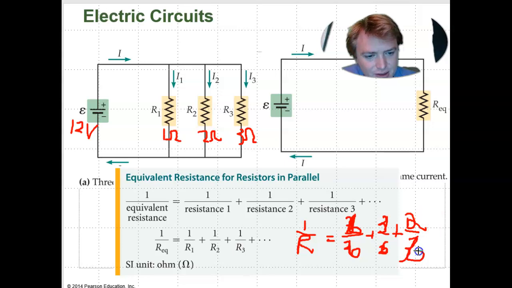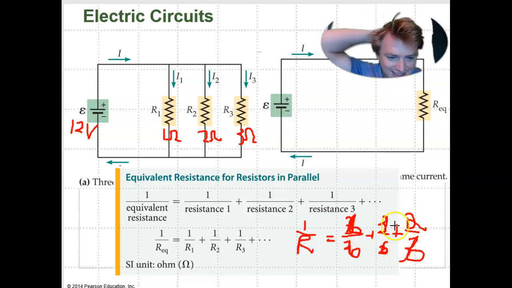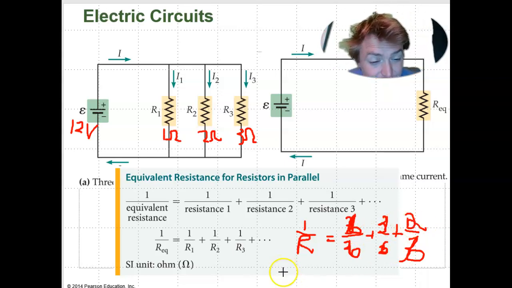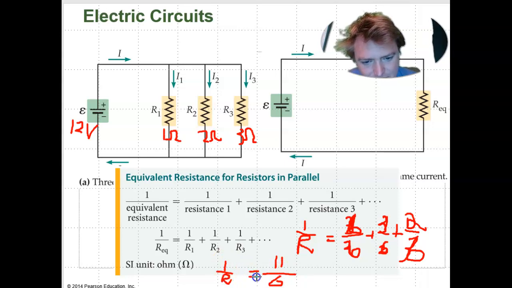Oh, this is so ugly. 6 plus 3 plus 2 gives me 11 over 6. That's equal to 1 over R. You can double check the math.